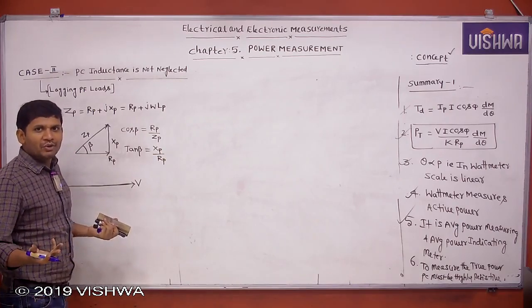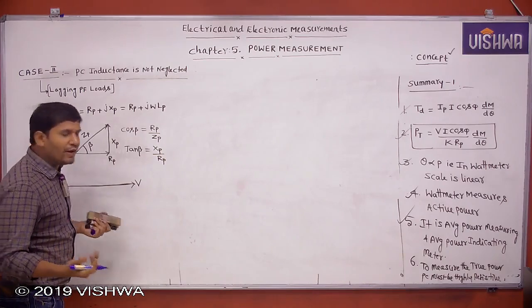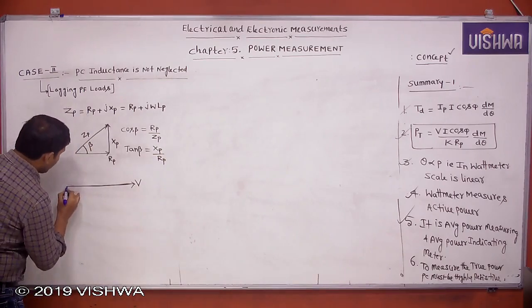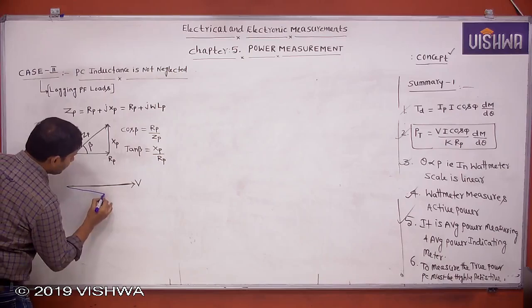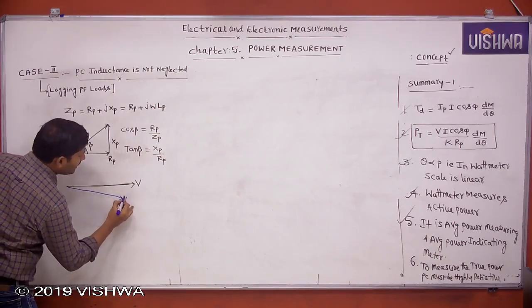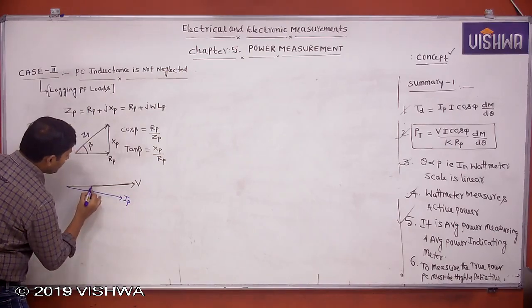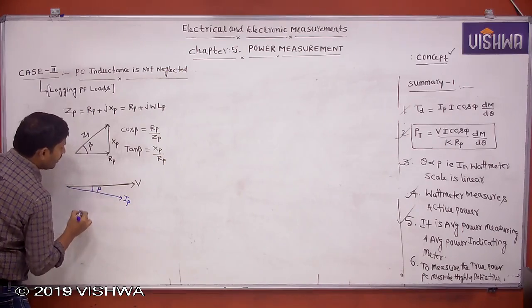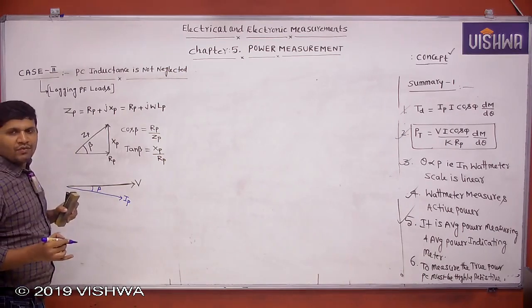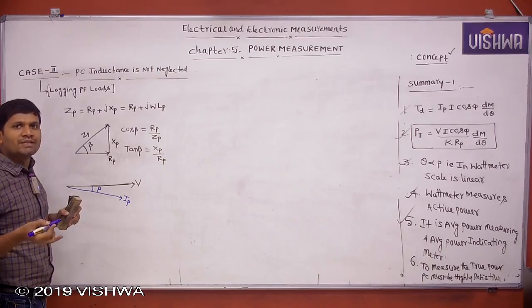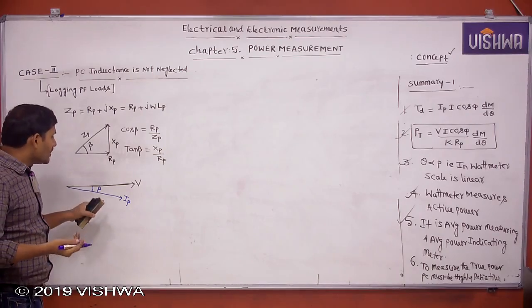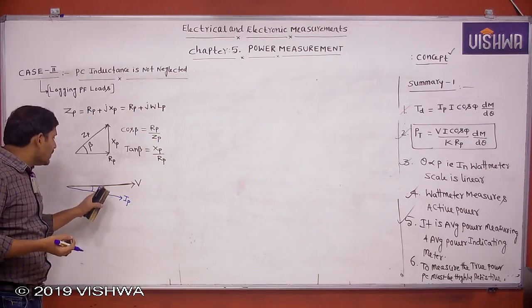The pressure coil is inductive in nature, since we are not neglecting the inductance. That's why the pressure coil current lags. But we cannot design it with high inductance. The pressure coil is designed with very small inductance. What is the reason? If it is highly resistive, then only can we measure the true power. That's why it must have very small inductance only.